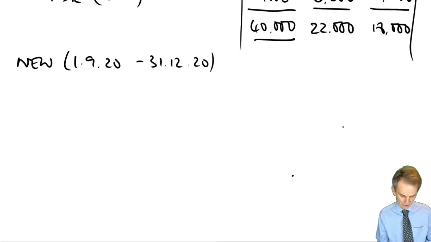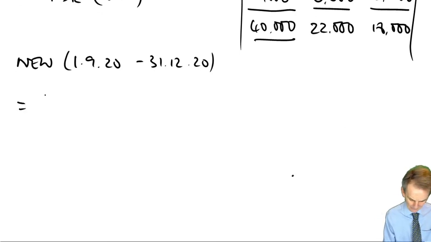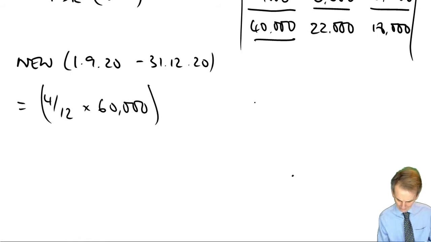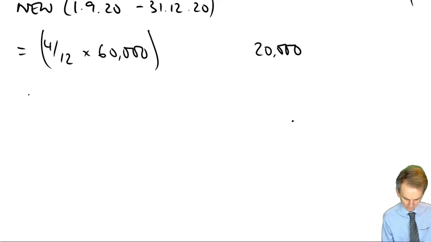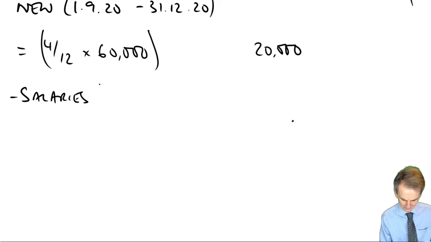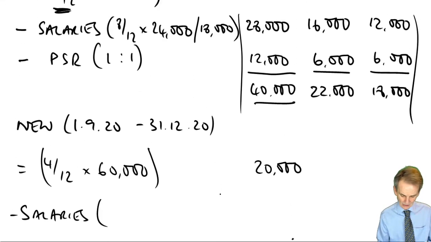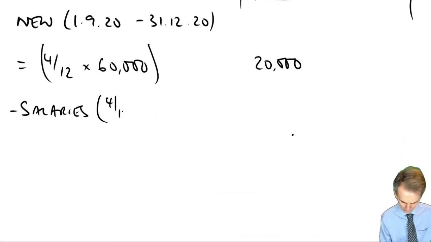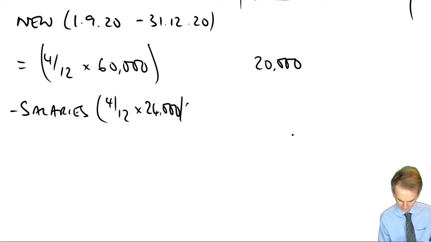Okay, so the new agreement, the last 4 months of that period. So we want the remaining 4/12 of the £60,000. And that therefore will be the remaining 20,000 out of the £60,000 profit now to be split. Again, the first part of that, salaries. And of course, last time we took 8/12 of the then annual salaries. We're now talking about 4/12 of the new annual salaries, and they are both £24,000.